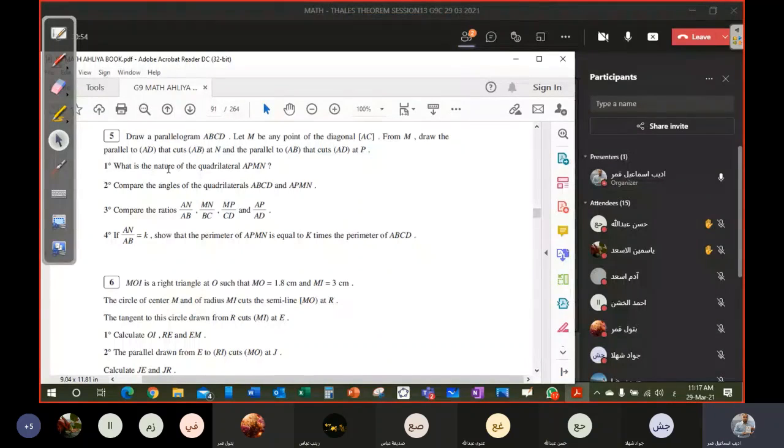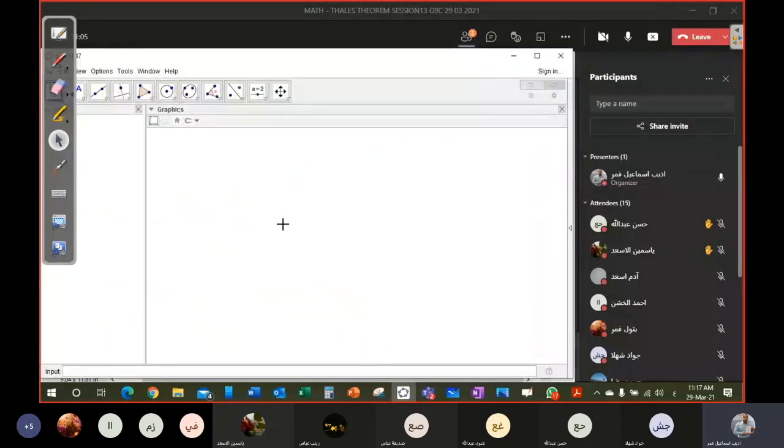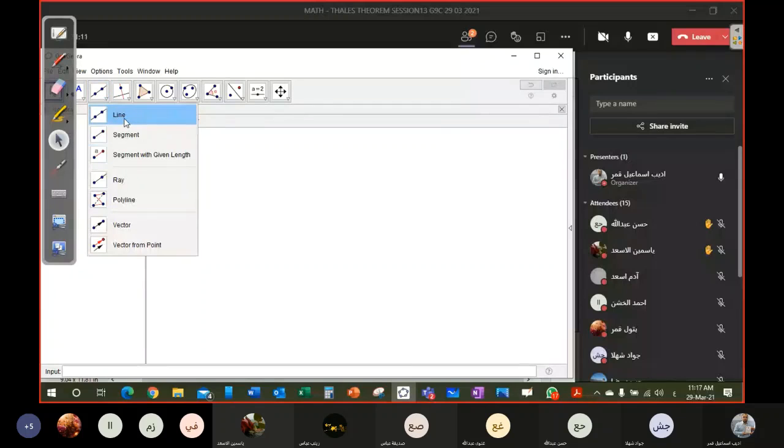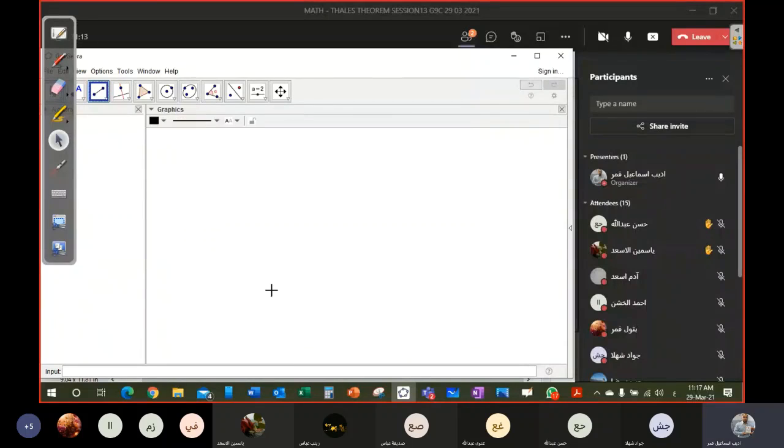Read, Yasmin. Draw a parallelogram ABCD. So first of all, we should draw a parallelogram.